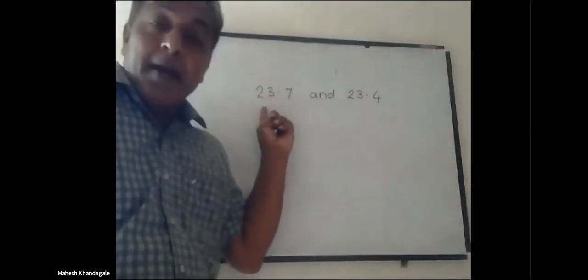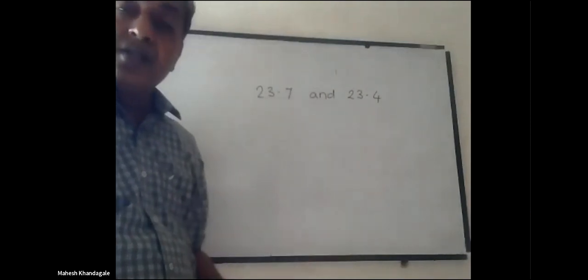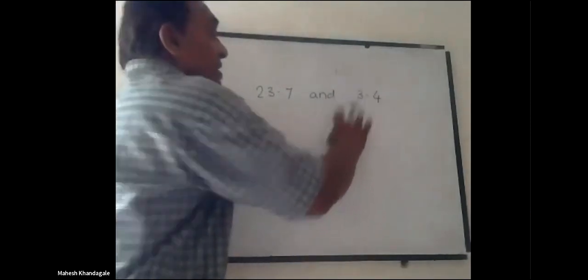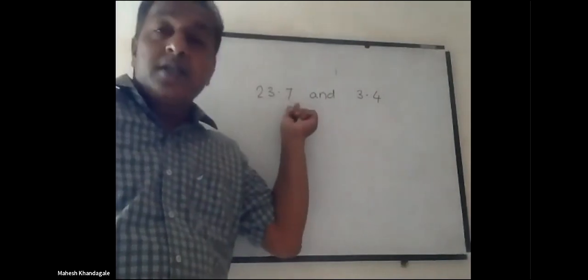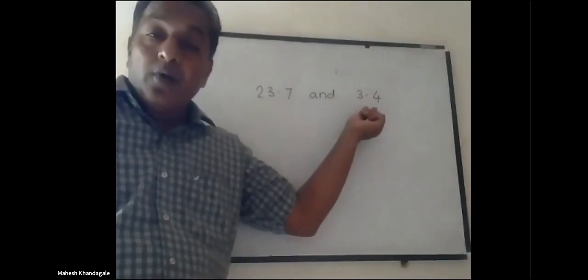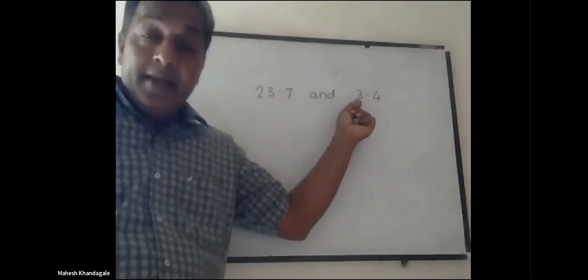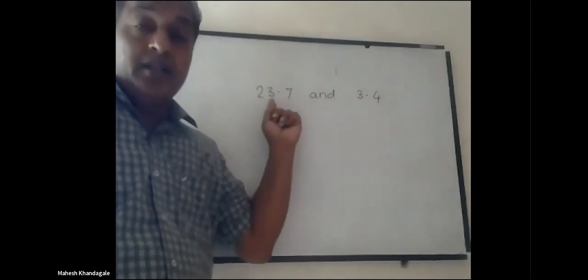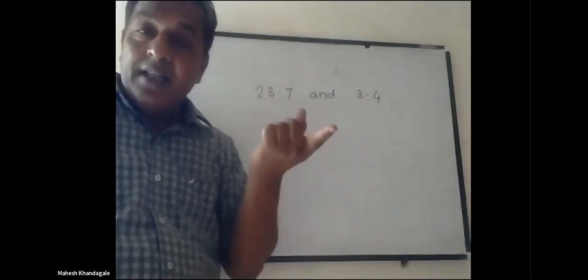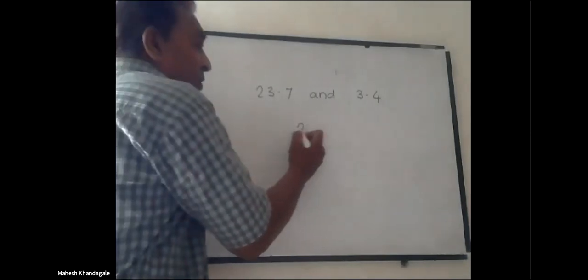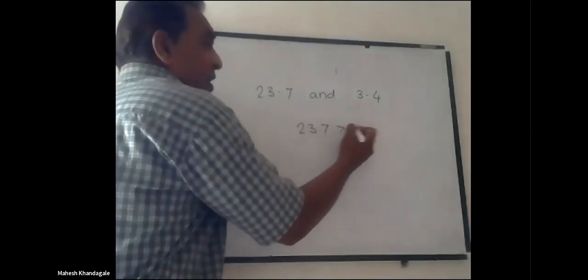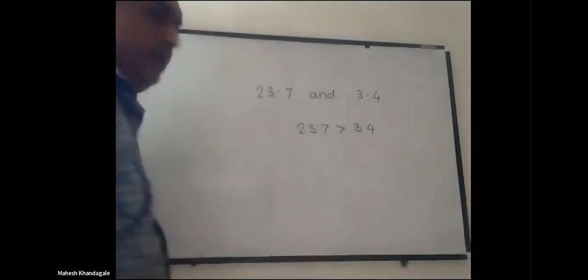Suppose the whole part is bigger, then that number is greater. For example, it is like 23.7 and 3.4. Check the whole part. The whole part here is 3, here is 23. So 23 is greater than that. So therefore 23.7 is greater than 3.4.